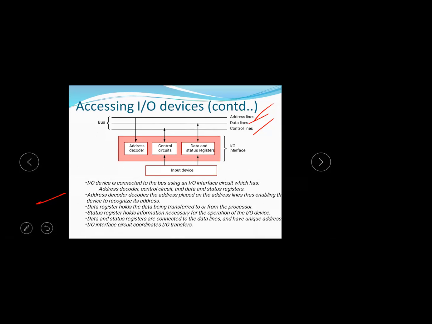Printer, keyboard, all these are electromechanical devices, whereas the processor and memory are electronic devices. So there is a need for conversion of signals from electromechanical signals to electronic signals.